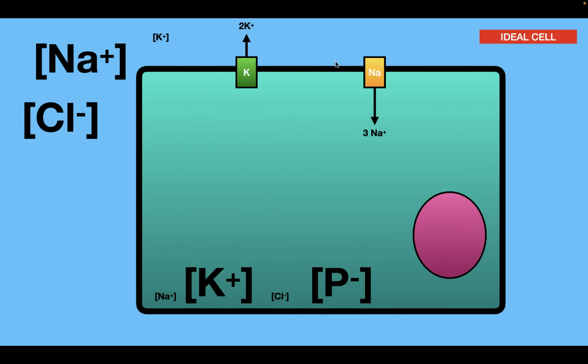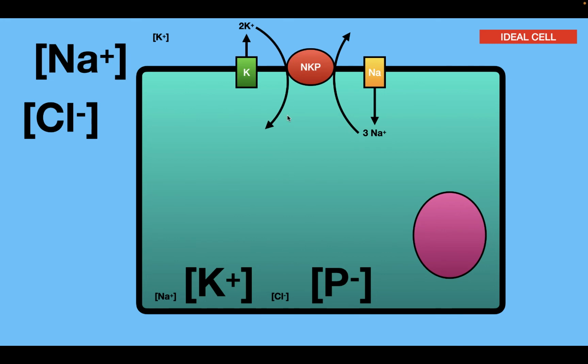2 potassiums moving out. Now inside the plasma membrane, we have the sodium-potassium pump, or the NKP. The NKP uses the energy released from the hydrolysis of ATP in order to pump 3 sodiums out and 2 potassiums into the cell. As you see here, the 3 sodiums that came in through the leak channel are all pumped out by the sodium-potassium pump, and all the potassiums that flowed out of the potassium leak channel are brought back in via the pump as well.